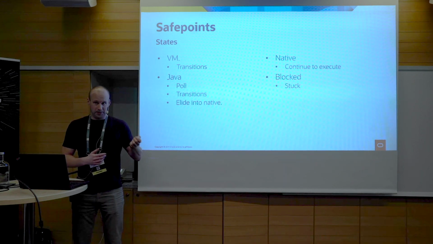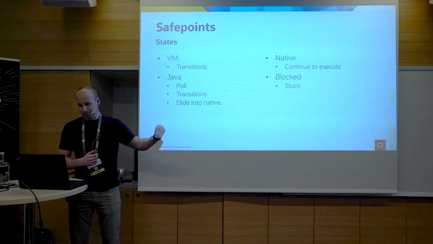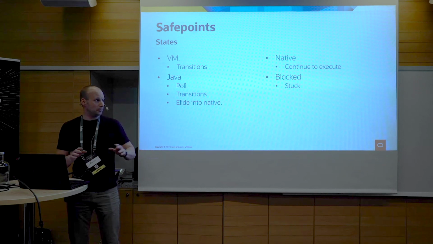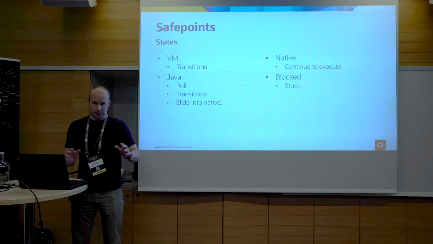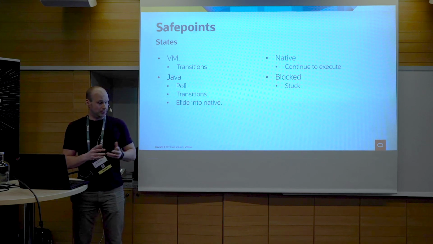But we let threads in Java elide to native, because native is safe. Native we let them just continue to execute because it's safe. They cannot mutate the virtual machine. And in blocked, we just keep them blocked, simplified.